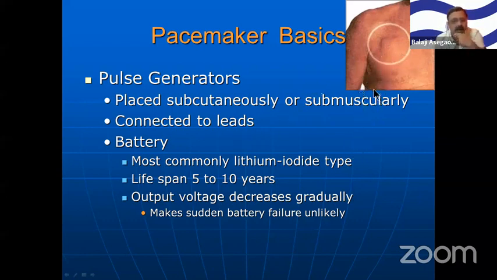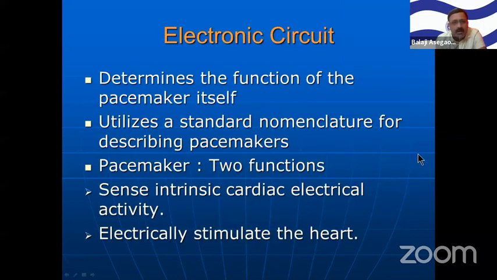That pulse generator has a lithium iodide type of battery, which usually lasts for 5 to 10 years. Over a period of time the output voltage gradually decreases, but sudden battery failure is very unlikely in any kind of pacemaker.